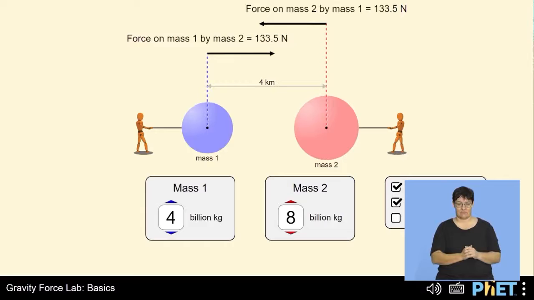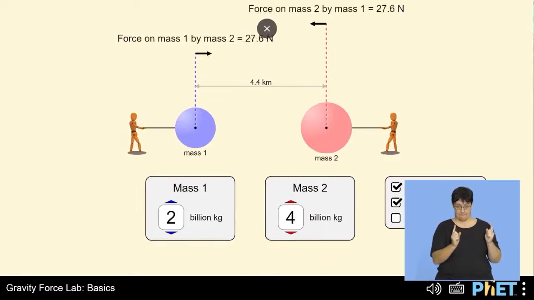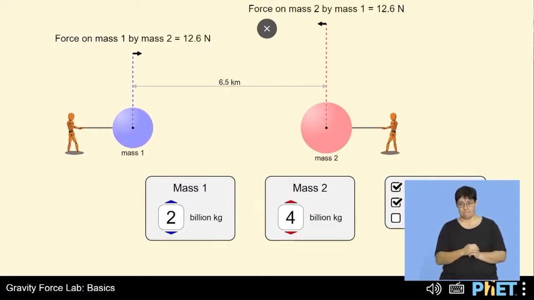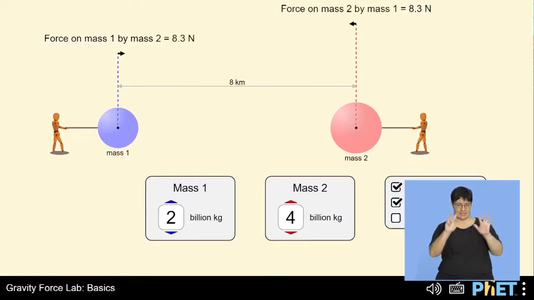Let's reset these to what we had, and let's increase the distance. So if I go to 8 kilometers, let's see if I can get him all the way there. Okay, he doesn't want to go any further, so let's take him to 8. I've doubled the distance. But that force is now 4 times smaller.